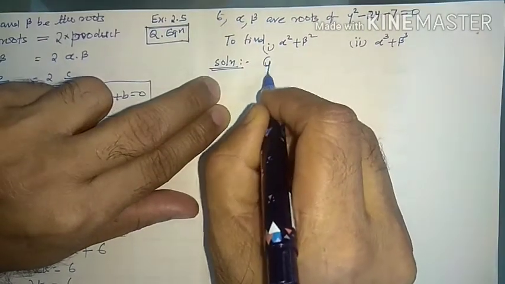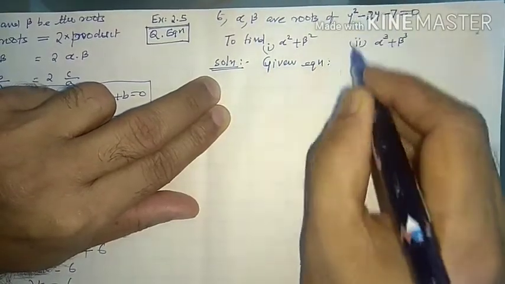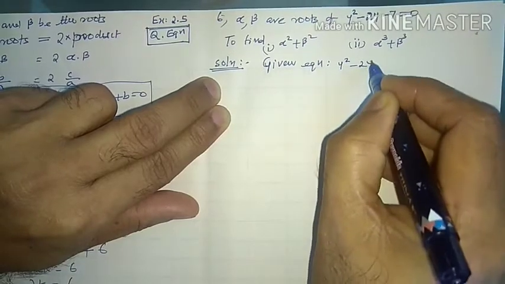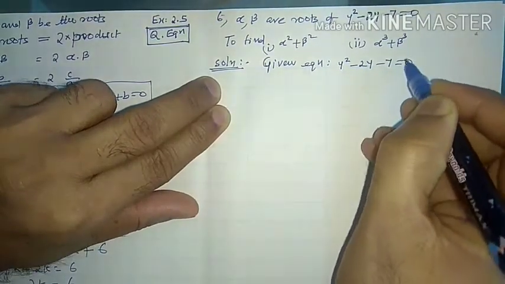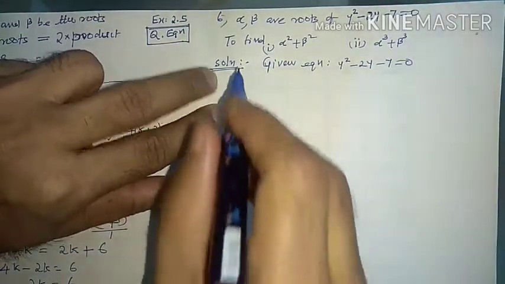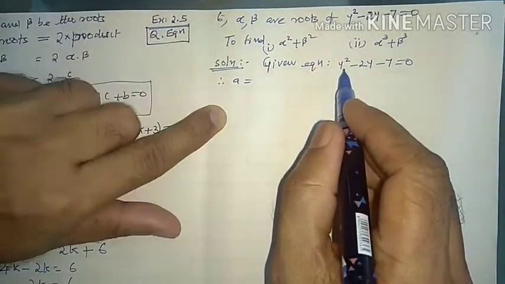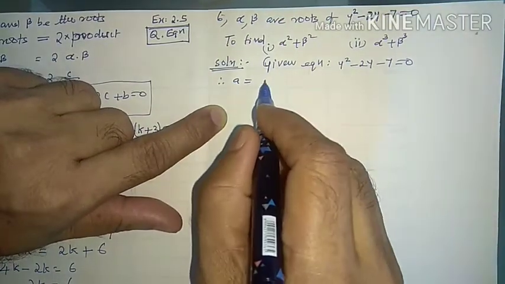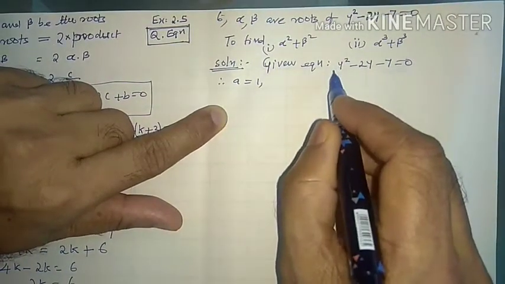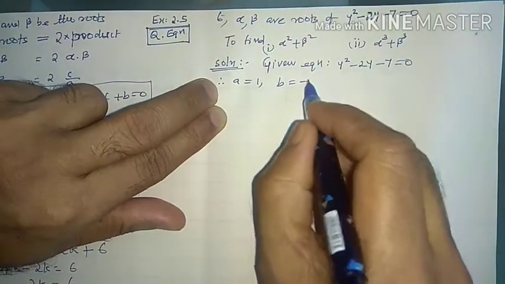Given equation: y square minus 2y minus 7 equal to 0. Therefore, a is equal to y square coefficient, 1. b is equal to y coefficient, minus 2.